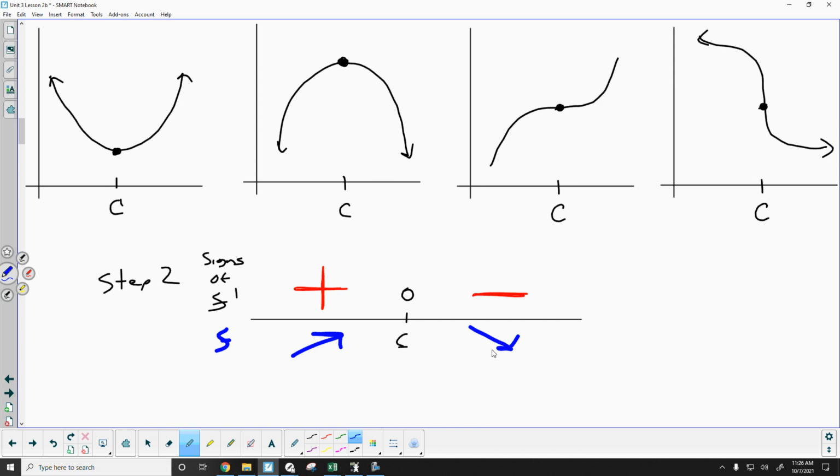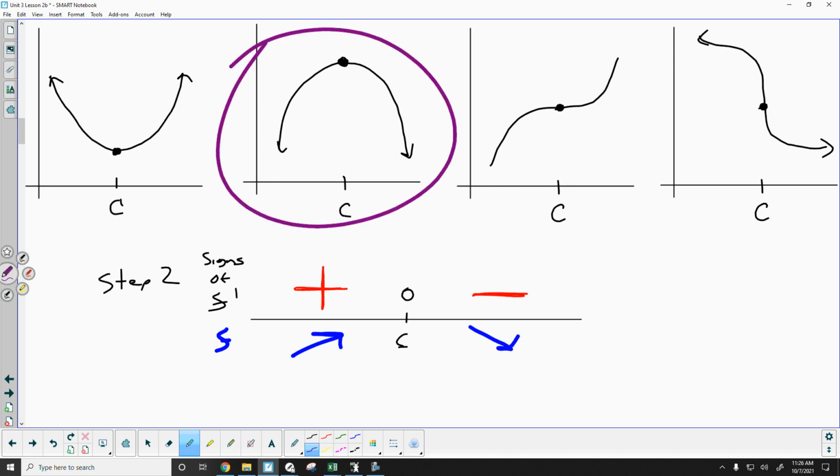So by looking at signs, we know we're going up, flattening out, going down. I can then say, oh, my graph must look like this. And oh, I know x equals c is not only a critical point, but it's a what? Max. Right? So if I could produce this, boom, I can not only say I have a critical point at c, I have a max at c.